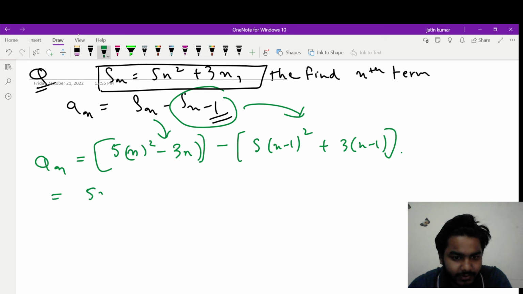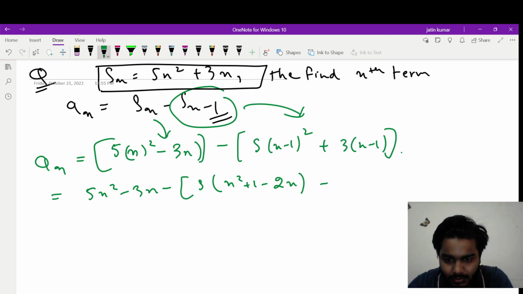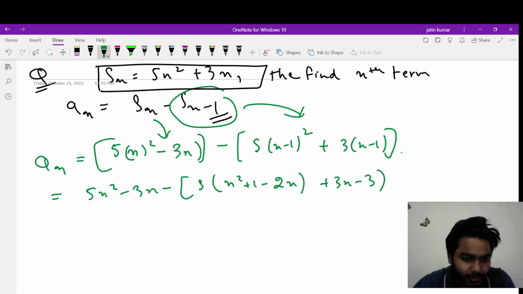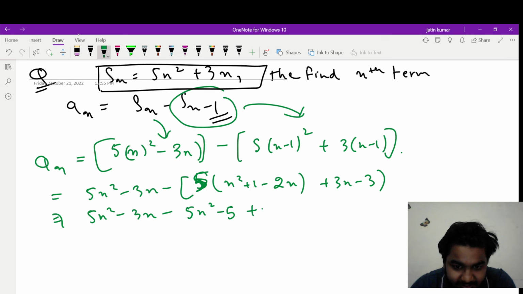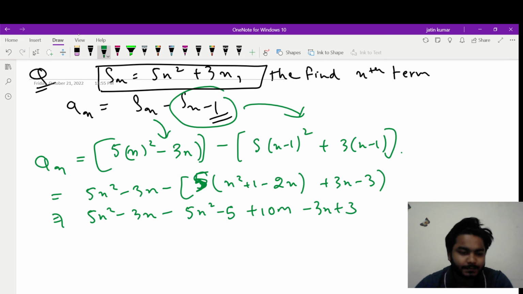So 5n square minus 3n minus 5 into n square plus 1 minus 2n plus 3n minus 3. Now solve this: 5n square minus 3n minus 5n square minus 5 plus 10n, minus 3n plus 3.